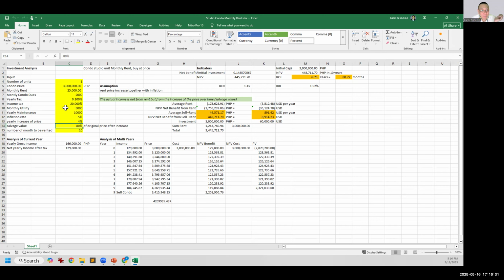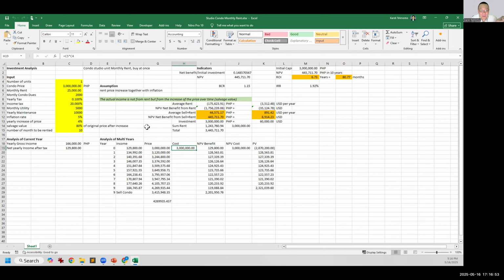So this is your buying cost, and this is the income that you earn by renting it out. The question is, how much is your NPV, ROI, IRR and so on. So you can check by yourself.